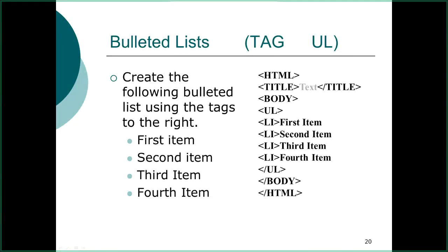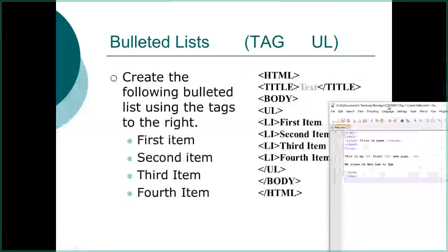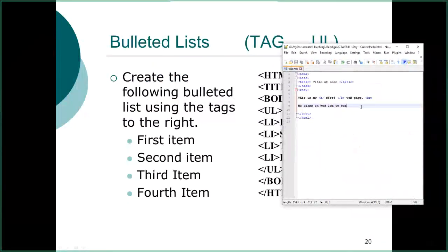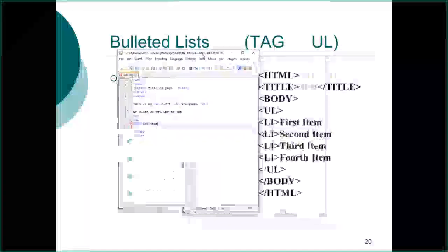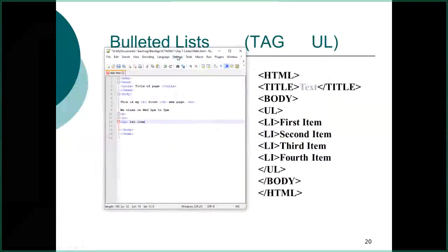So if we go back to our code, and this is the class, let's put a paragraph in there and go open bracket, UL. Let's move this across so you can see basically what I see.